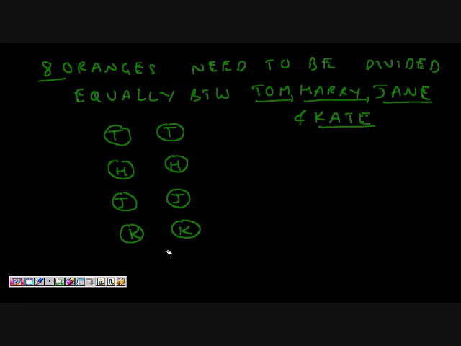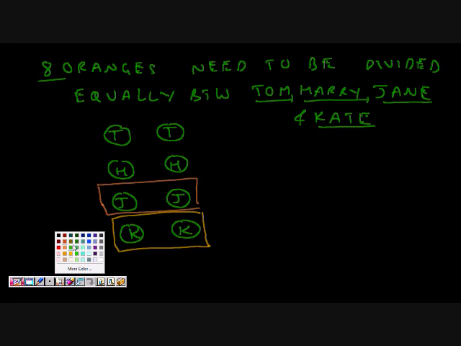As you can see, these oranges are divided between groups now. This is one group, which is the number of oranges that Kate has. This is the other group, the number of oranges that Jane has. Then we have a third group, which is the number of oranges that Tom has, and a fourth group, which is the number of oranges that Harry has.